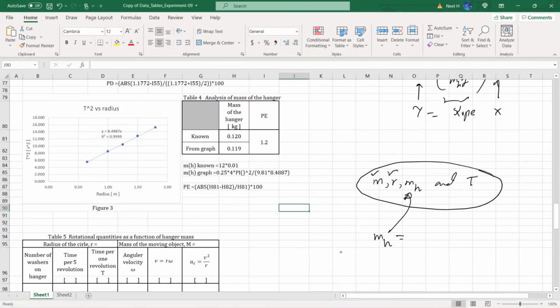Now, when I change the mass of the hanger, one important effect you will see immediately, because the centripetal force we are providing by using the mass of the hanger will start to change immediately. That's an immediate result we should be able to see. That is no longer constant. Data point by data point, that will change.